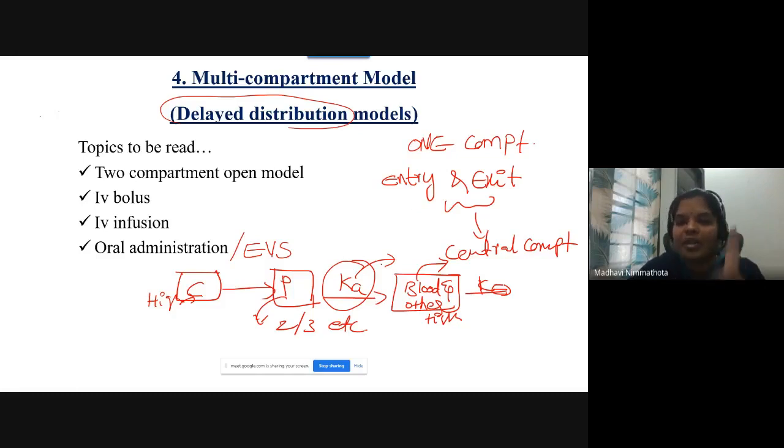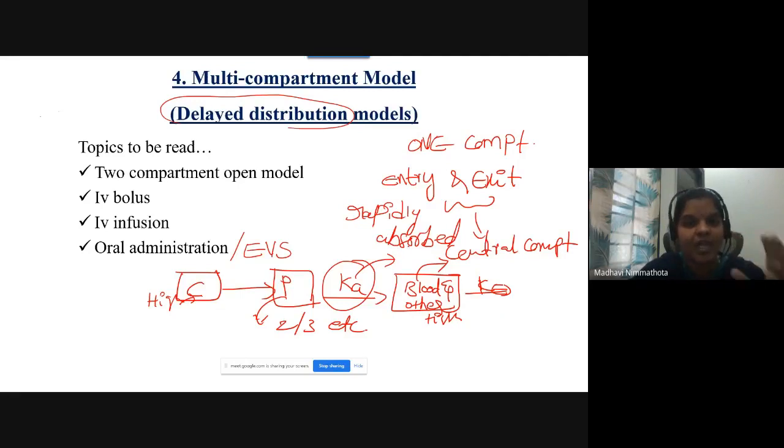So for that reason, in case of one compartment open model, we have selected rapidly absorbed drugs. I already told you while discussing the one compartment open model, this model suits rapidly absorbed or rapidly distributed drugs.